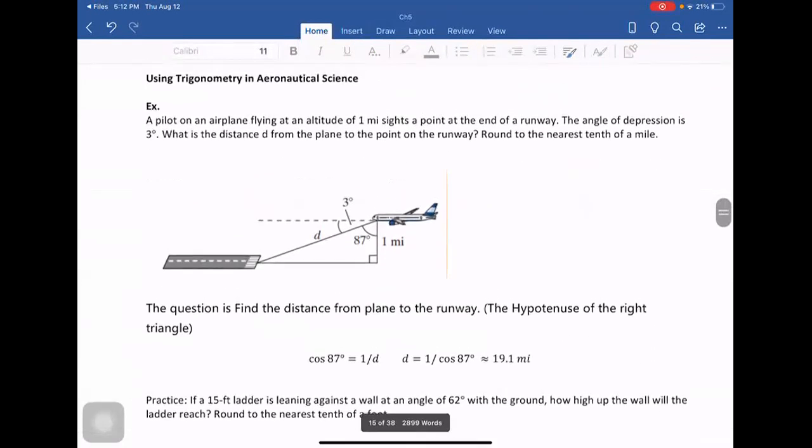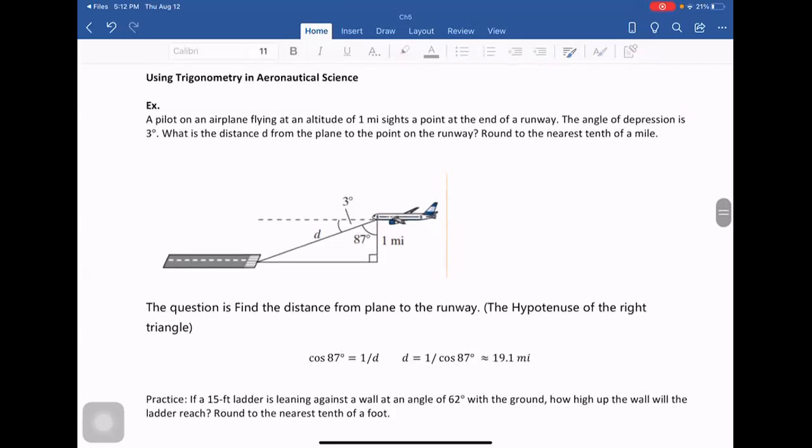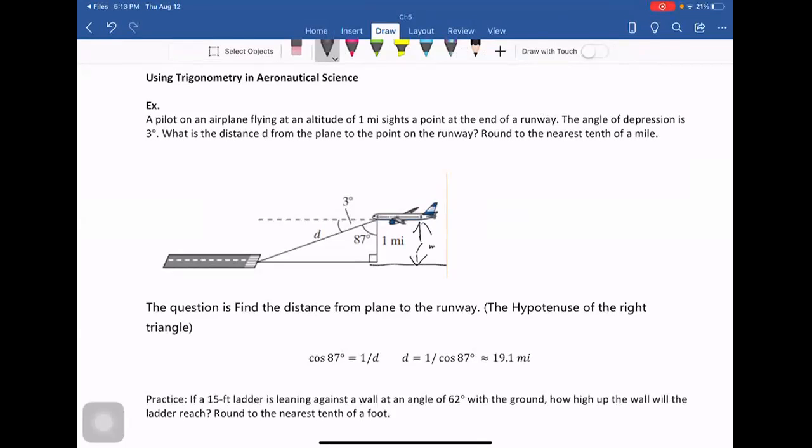Using trigonometry in aeronautical science. In the example, a pilot on an airplane is flying at an altitude of 1 mile. Altitude means the height from here to the ground. That's 1 mile. Sights a point at the end of the runway.